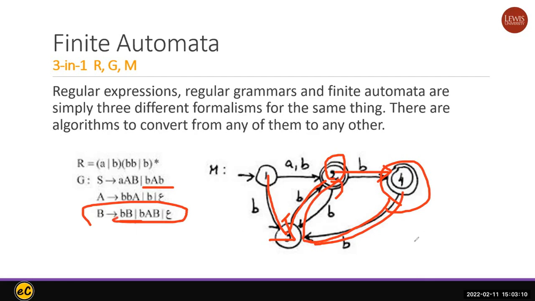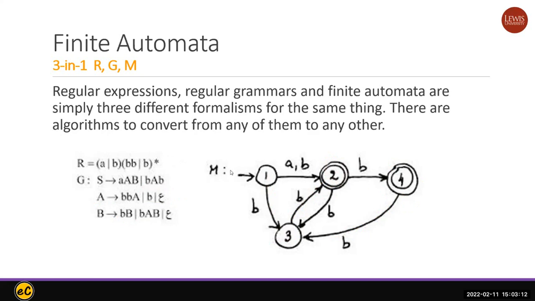So anyway, these 3 things are actually equivalent. They can be proven to be equivalent. And what we would like to say is that regular expression, regular grammar and finite state machine are 3 in 1. So basically, if you can describe your regular expression, you are able to generate your finite automata.